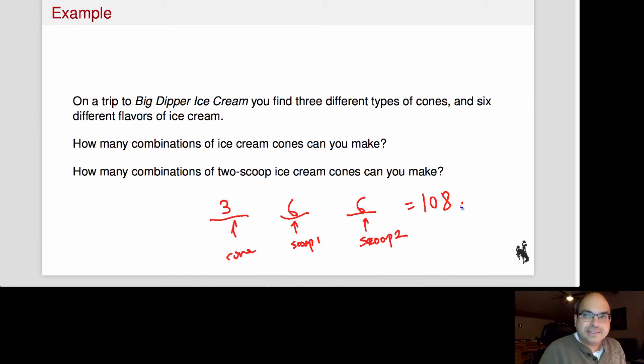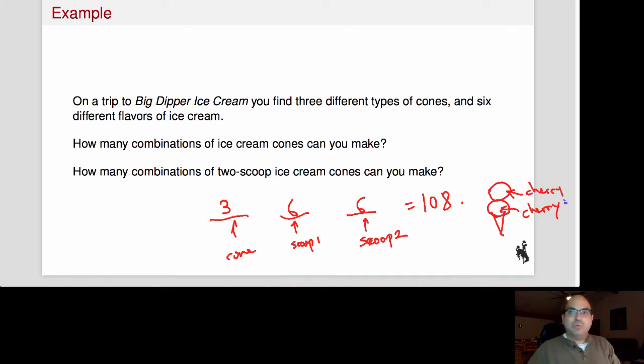Now this is the kind of problem that you actually have to be a little bit careful with. Because, for instance, let's say that I choose a nice scoop of cherry ice cream. And now on top, I really like cherry, so I want that to also be cherry ice cream.